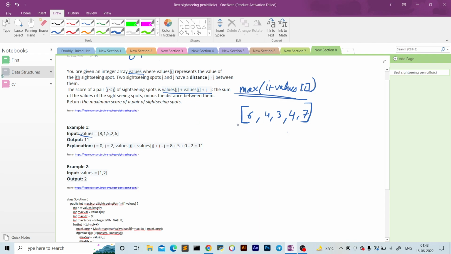So let's discuss with this example. So initially this ith is I0 and the value is 8. So it would be 8 plus, and now if we compare with the jth element, which is 1, it would be 8 plus 0 minus 1, which is 7.